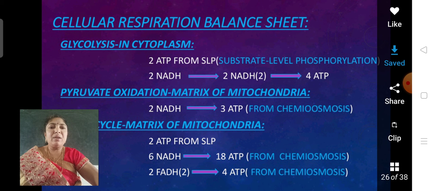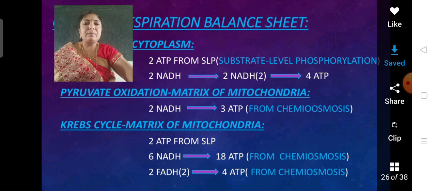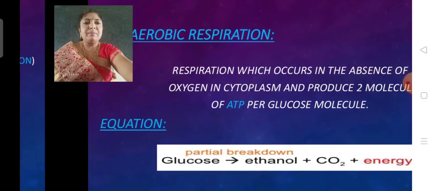In the pyruvic oxidation in the matrix of the mitochondria, 3 ATP are formed from the NADH. During the Krebs cycle 2 ATP are formed, and from 6 NADH 18 ATP are formed. From 2 FADH 4 ATP are formed.